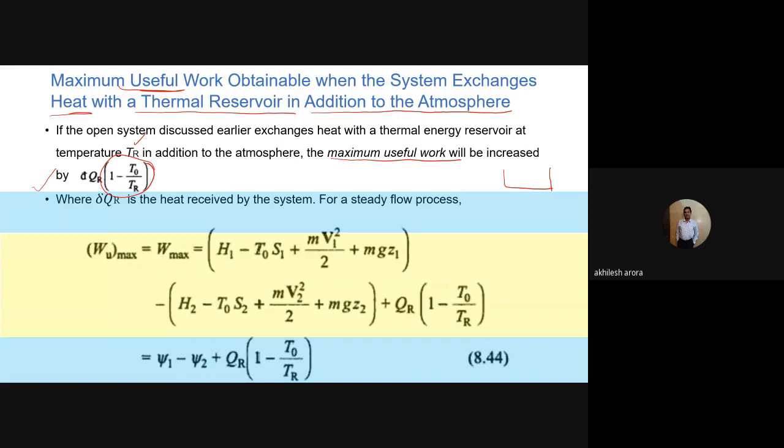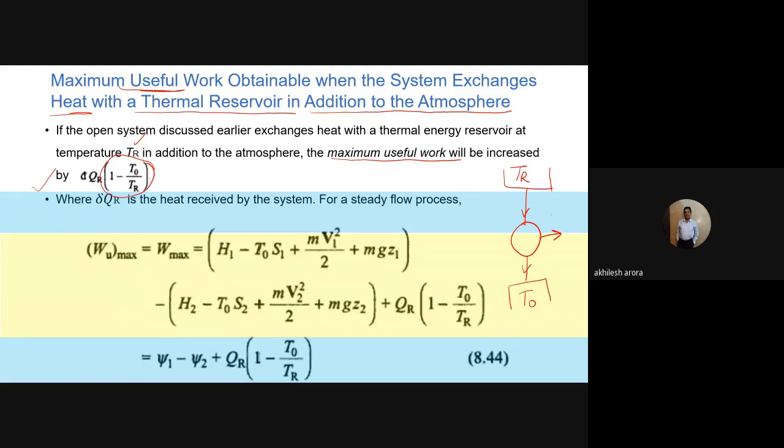Now there is this reservoir at temperature Tr. This is the reversible heat engine, and here we have the atmosphere at temperature T naught. So we are getting a certain amount of work from it also, because the system is interacting with this particular reservoir.